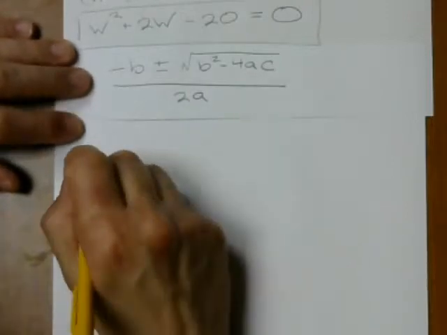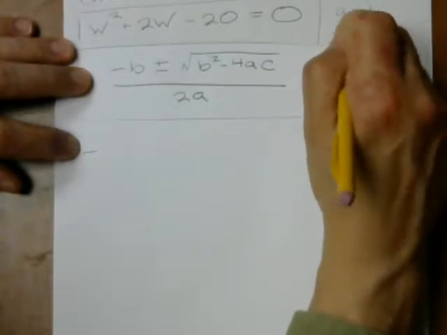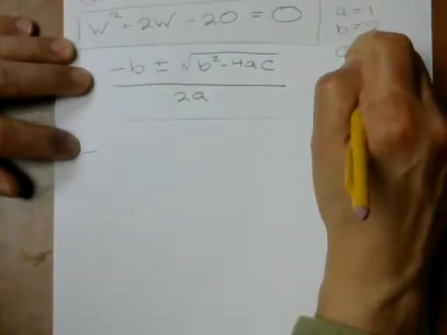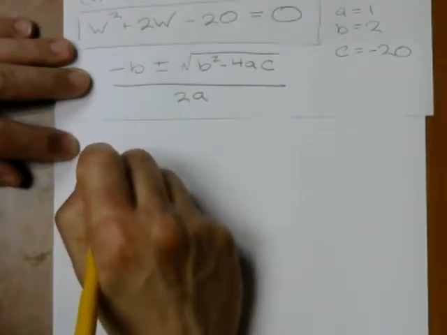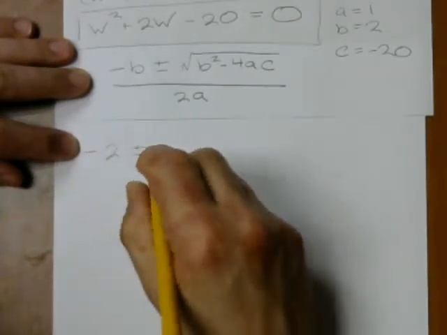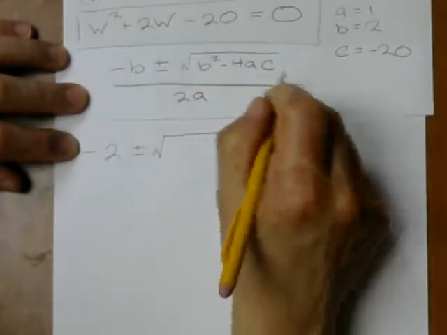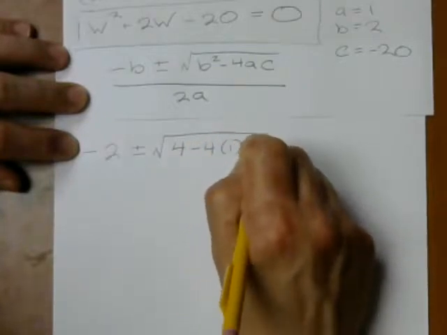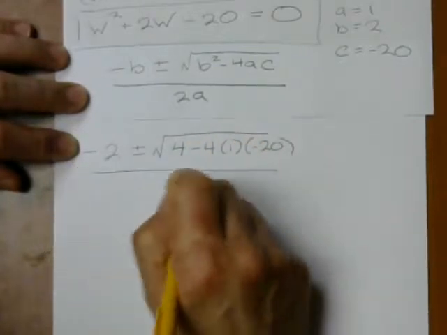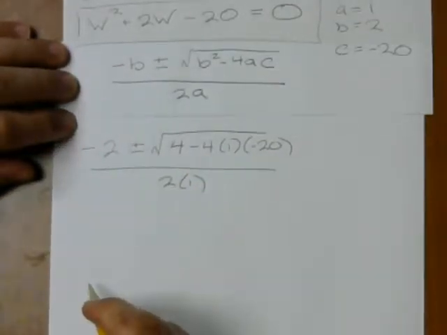I'm going to get negative 2 because A is 1, B is 2, and C is minus 20. So I get negative 2 plus or minus B squared minus 4AC over 2A.